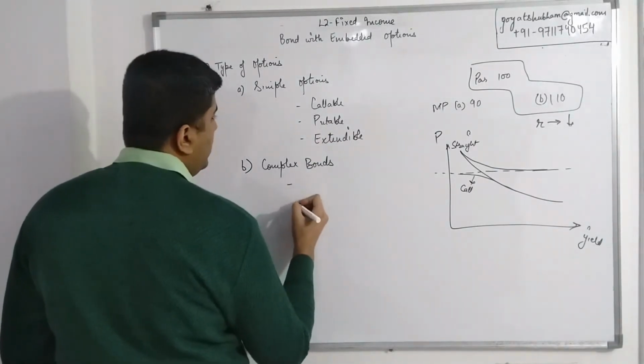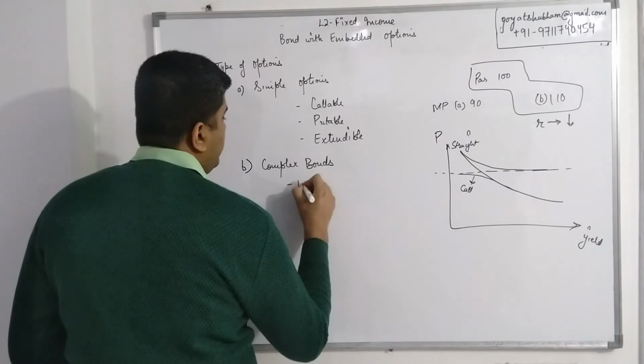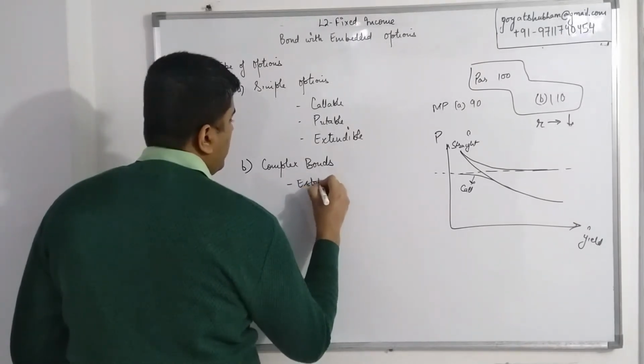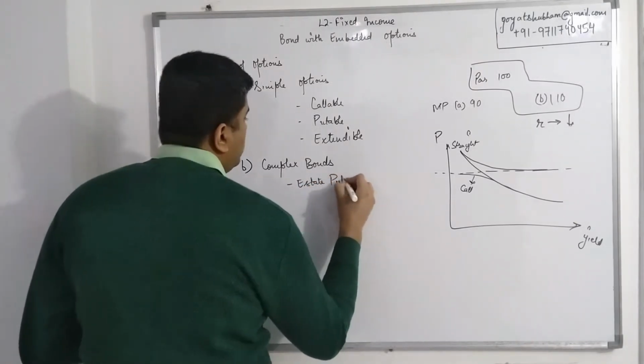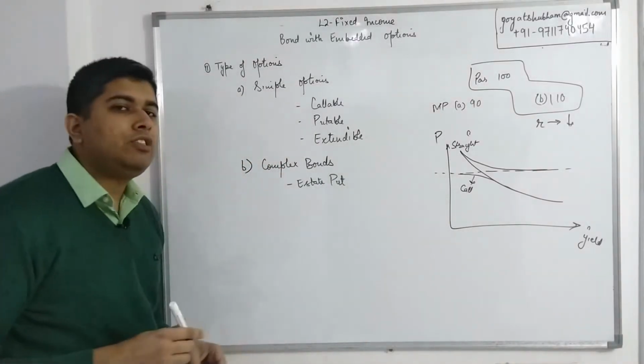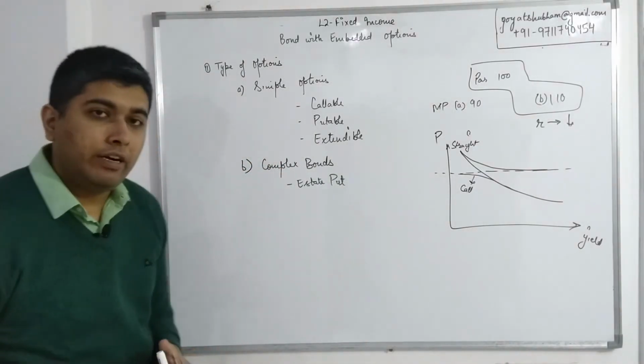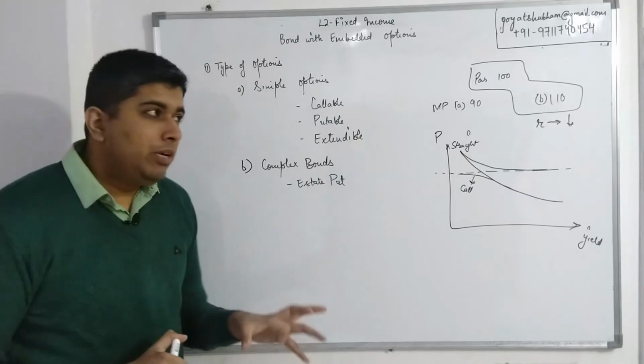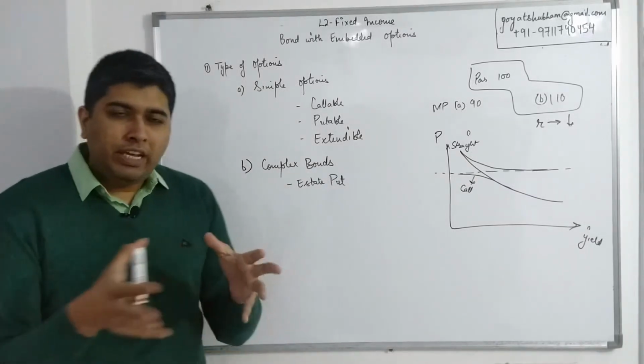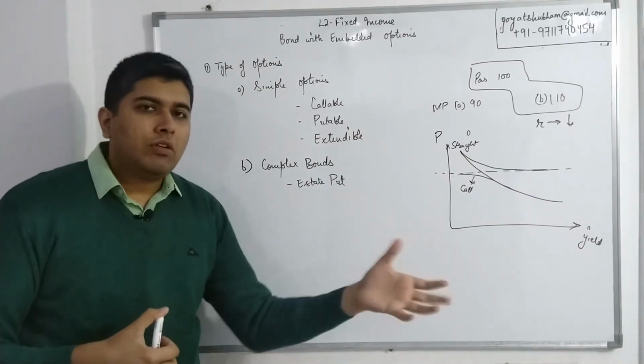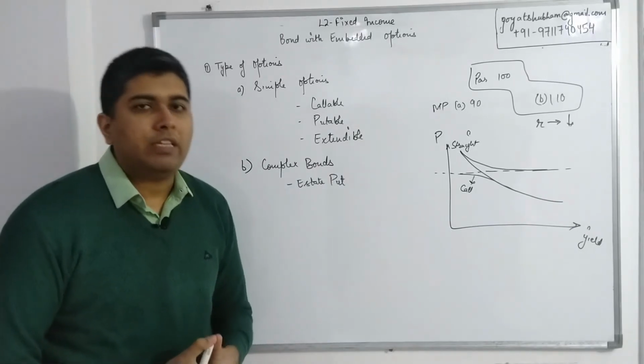The first one is the estate put. Estate put is a specific case in which the puttable option becomes triggered. Normally when I talk about puttable bonds, the investor has the right to force the repurchase of the bonds by the company.